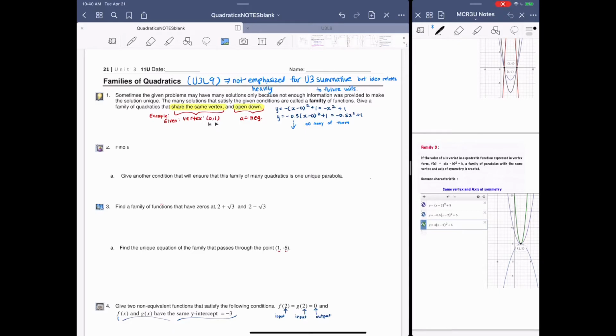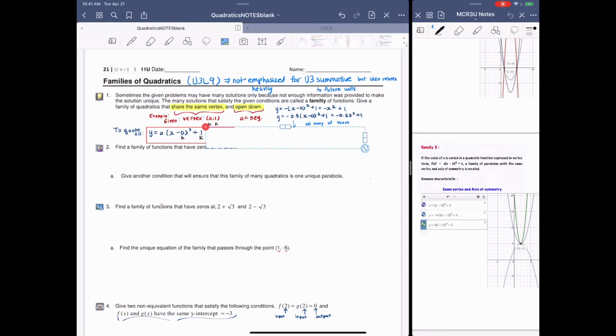So we want to be able to write it in a way that we can organize it. So to write it all, I want to have y equals a, because the a values are still varying, and I have (x minus 0) because the h is 0, and then squared plus 1 to represent that k is 1.